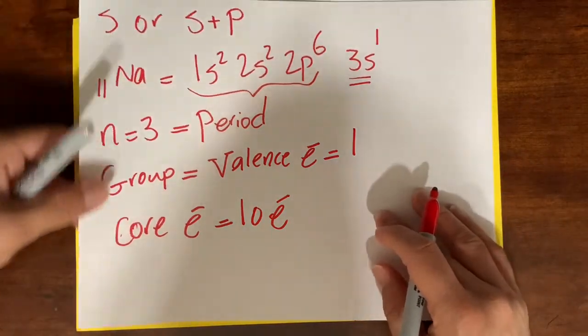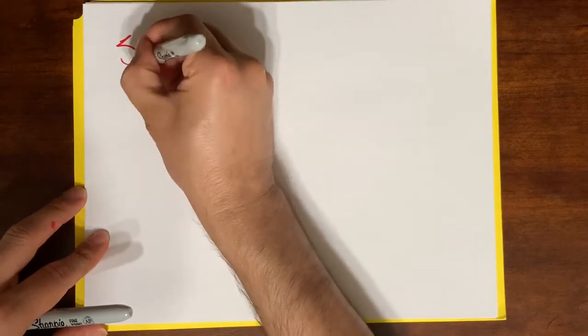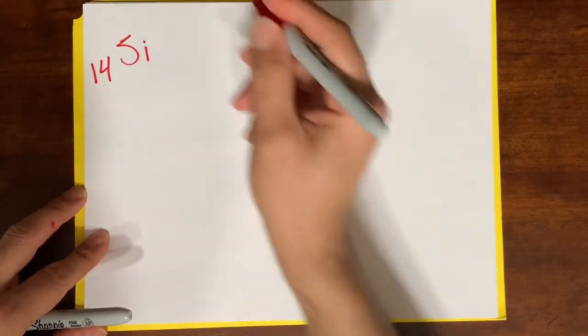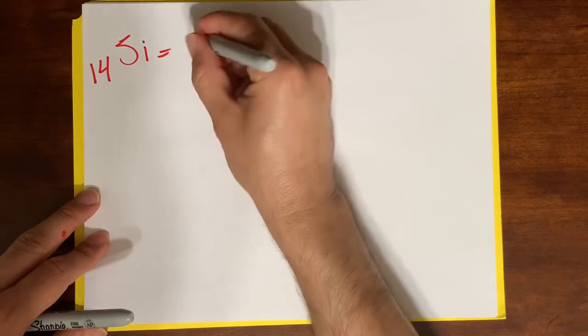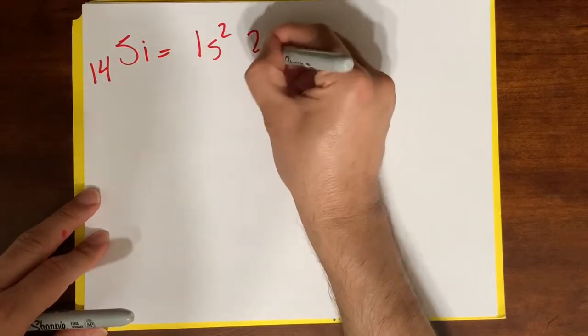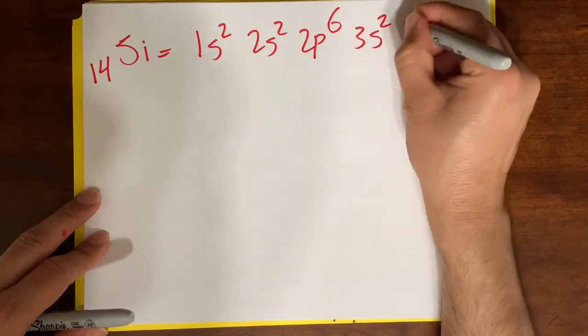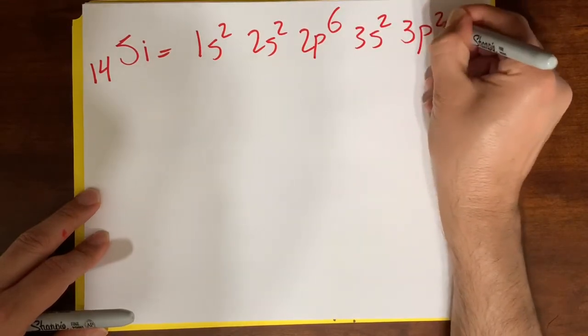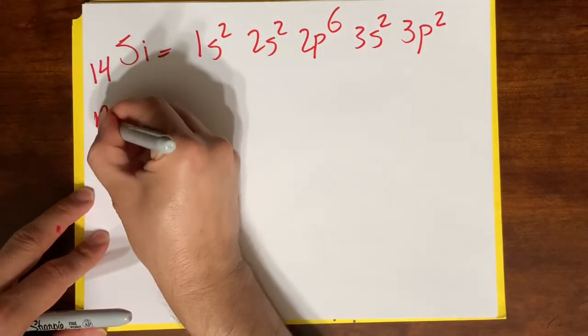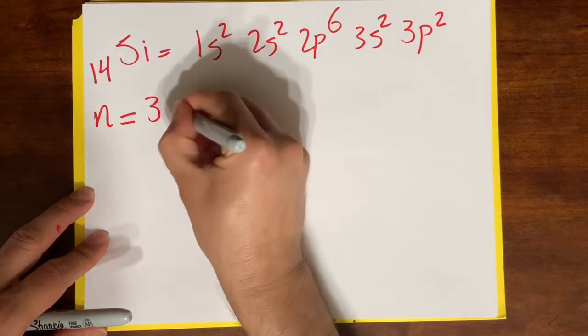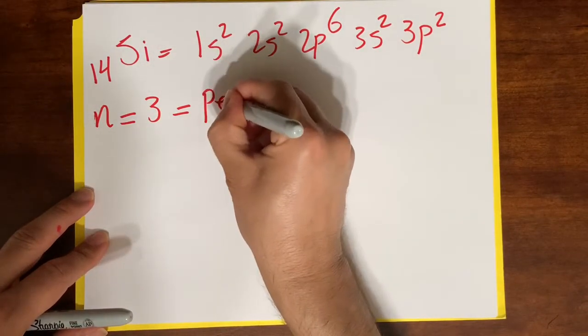Okay, one more example. Let's go with silicon, 14. 1s2, 2s2, 2p6, 3s2, 3p2. Highest n equal to 3, so this element belongs to the third period.